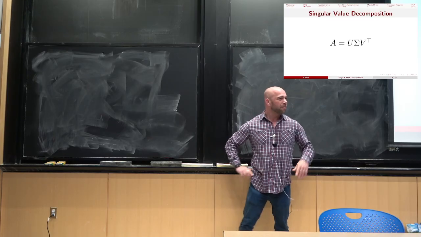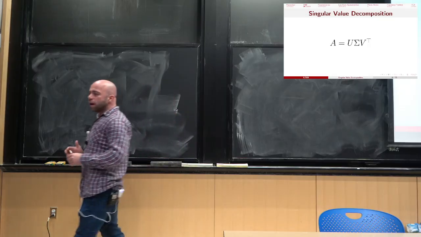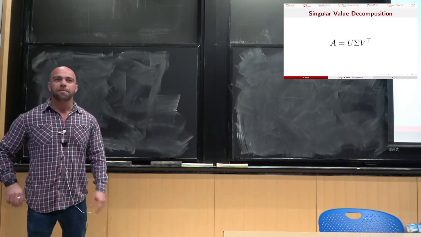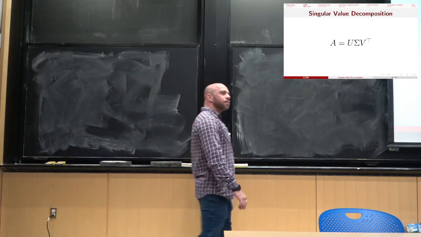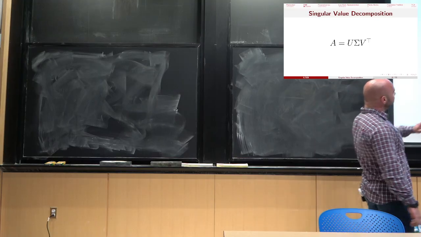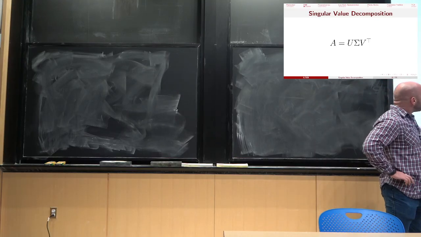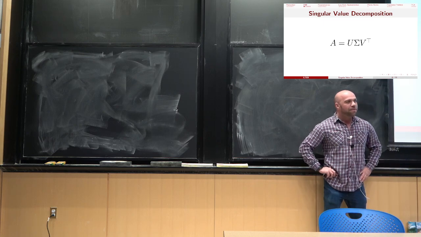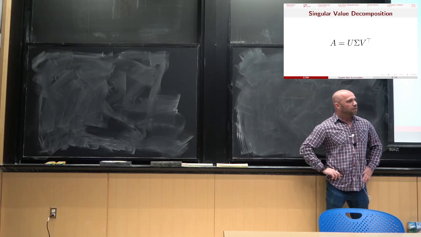As a reminder, the object that we've been studying for the last few lectures is the final boss of matrix factorizations, known as the SVD, or singular value decomposition, which is U sigma V transpose.